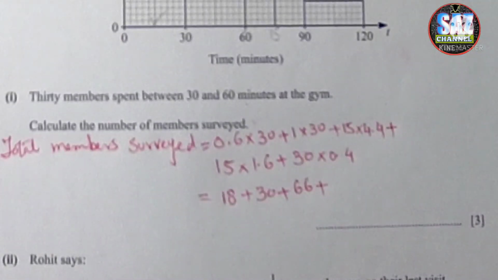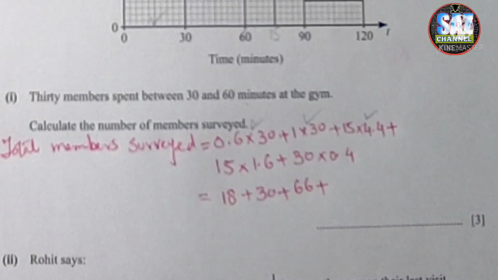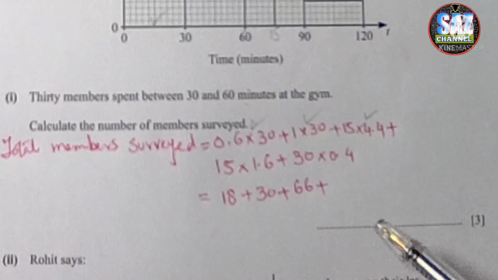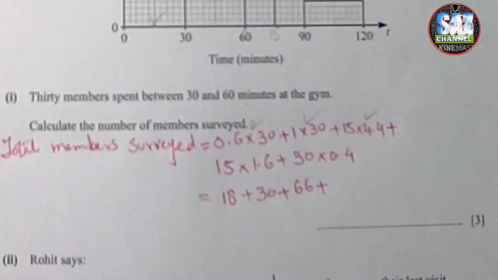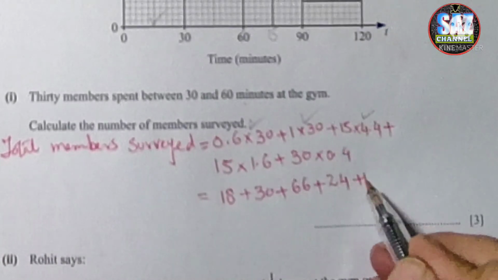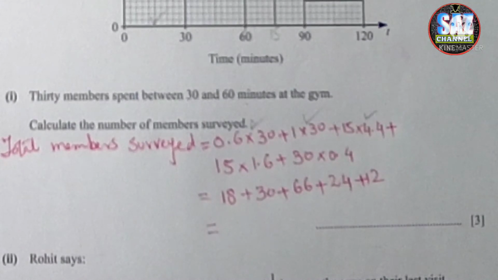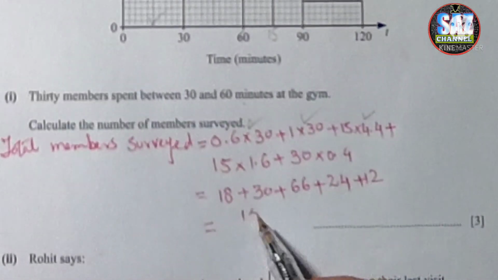The first class is done, the second is done, the third is done. 15 multiplied by 1.6 is 24. Let me reassure this: 15 multiplied by 1.6 gives me 24. And 30 multiplied by 0.4 gives me 12. Now we have to add up all these values: 24 plus 66 plus 30 plus 18, and this comes to 150.